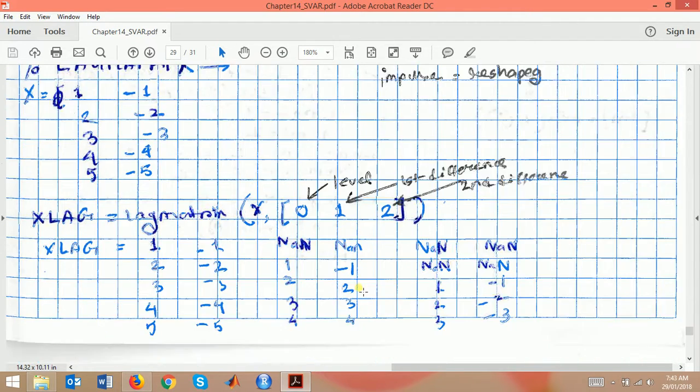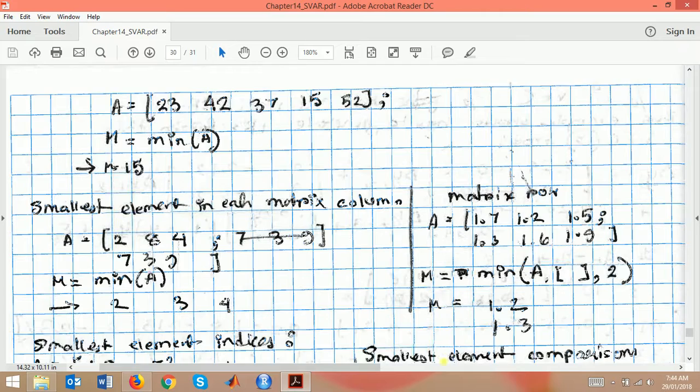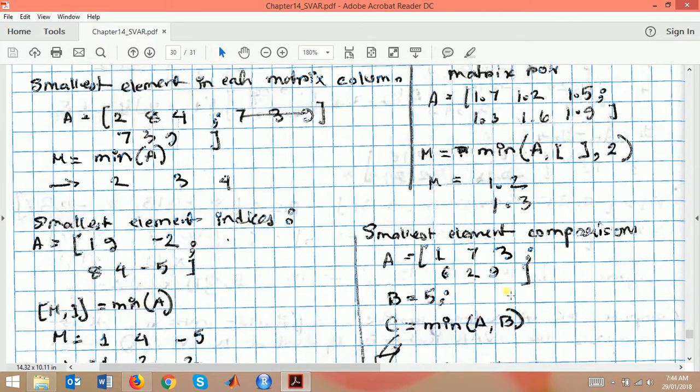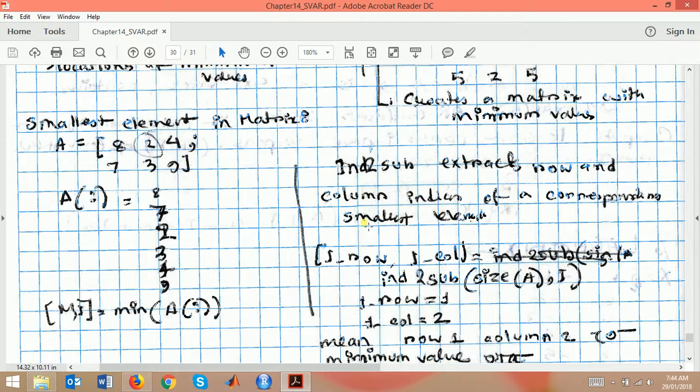Is there anything else? find returns none if there is any NaN value. vec is simply vectorization, and vec2var is from vector to VAR. Very simple. Minimum and maximum we know.